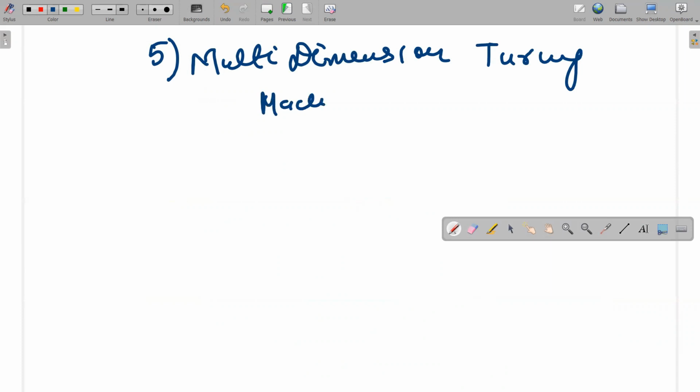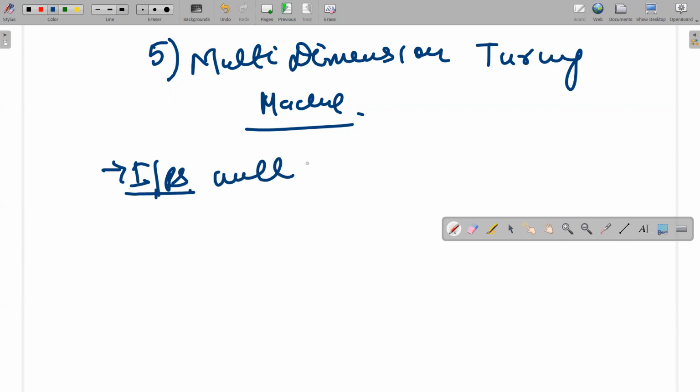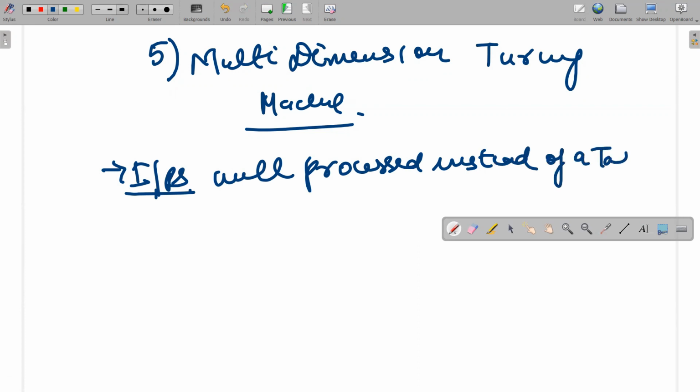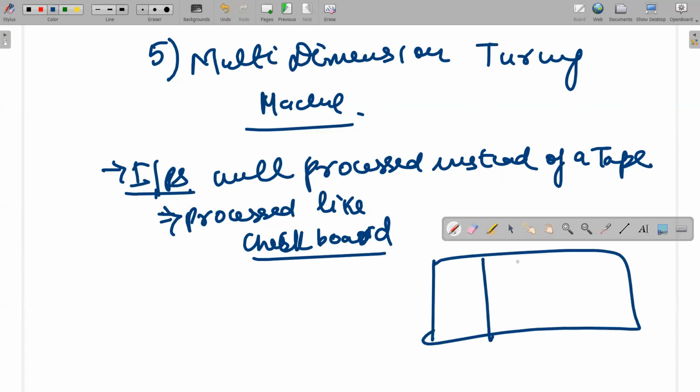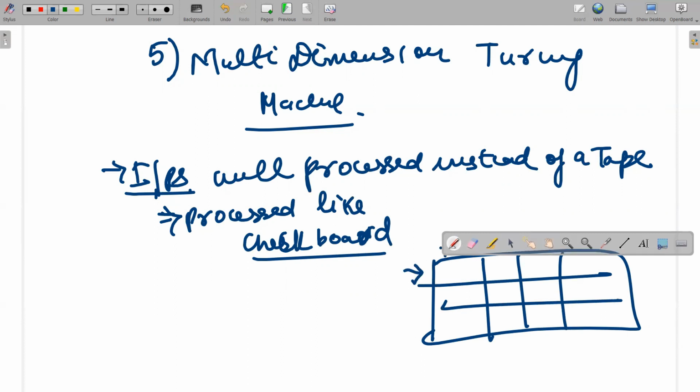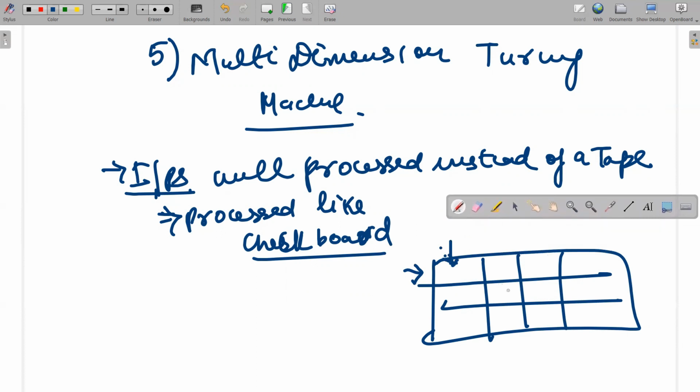Guys, in terms of definition, the inputs will be processed not on a tape but like a checkerboard, meaning your input will be processed in multiple dimensions. So if this is row number 1 and this is column number 1, it can be row number 3 and column number 2. So they are processed like this.